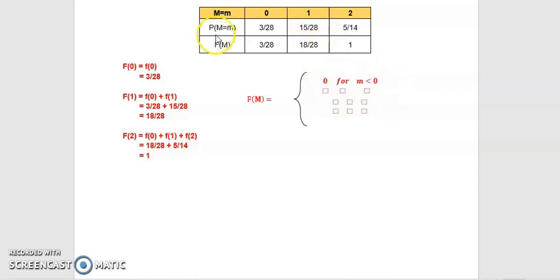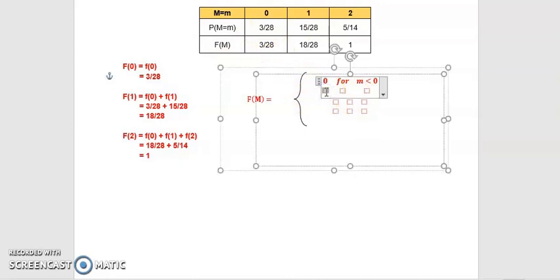Okay, if m equal to 0, the probability is 3 over 28. So 3 over 28 is for m greater or equal to 0, but less than 1. Next, up to x equal to 1, the probability is 18 over 28.